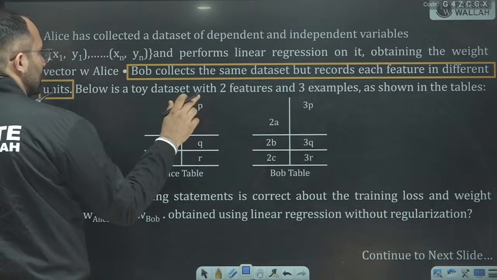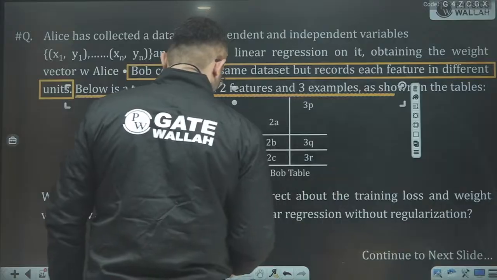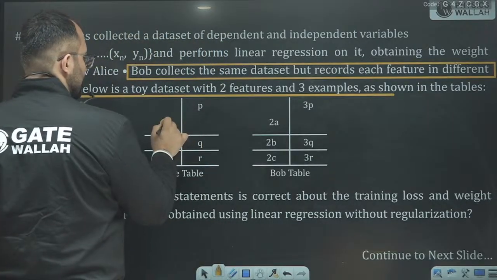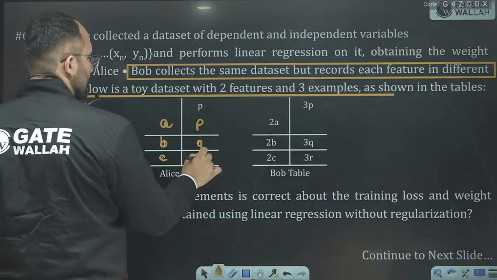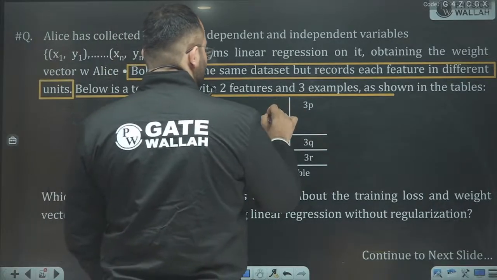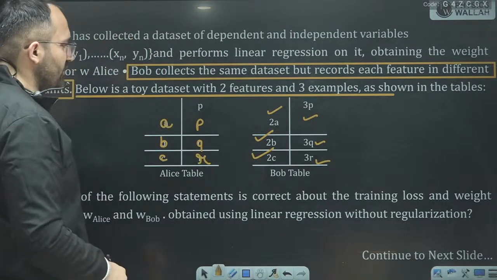I hope all of you are able to see this. For example, we have A, B and C, with values P, Q and R. Here he has calculated 2 times of this and 3 times of this. Which of the following statements is correct?